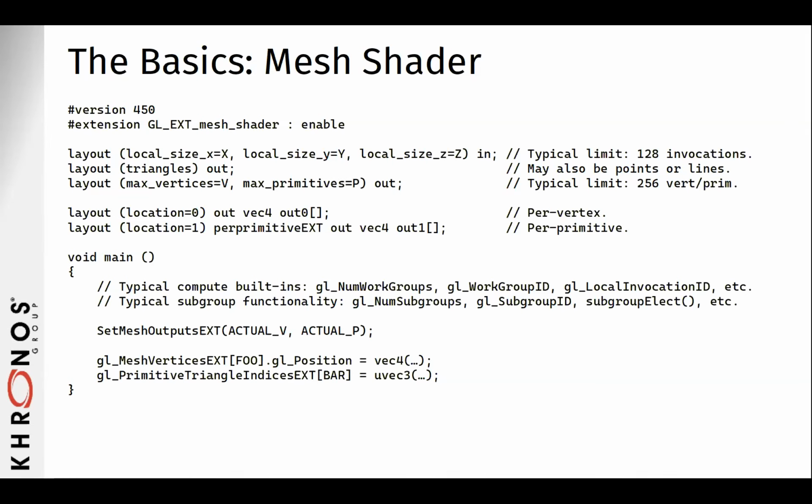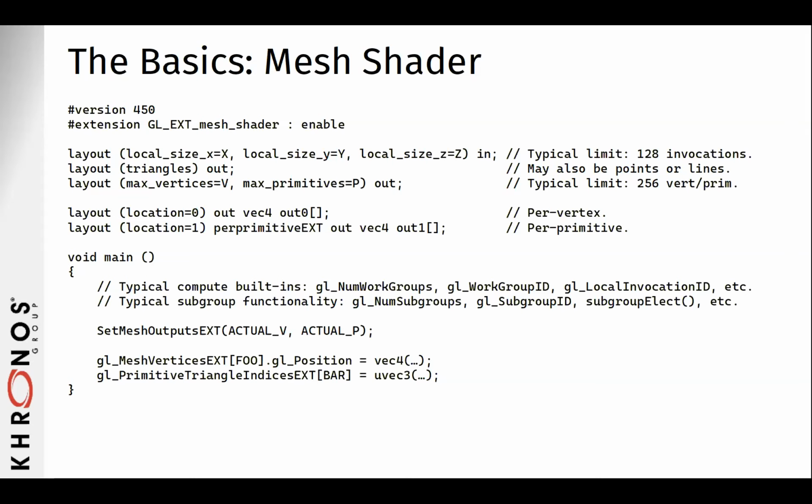Mesh shaders may cull primitives or do some other kind of initial processing, so the final number may be below the specified maximum, and you need to say how many actual vertices and primitives the workgroup will generate using the SetMeshOutputsEXT call, as you can see there, and Timur also mentioned before. And after that, the shader can start writing to the output arrays.